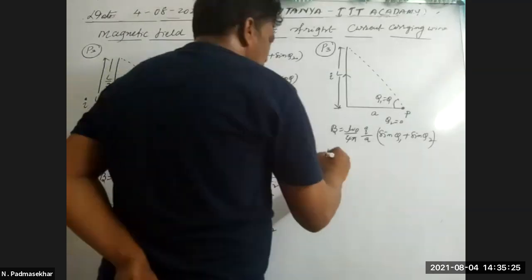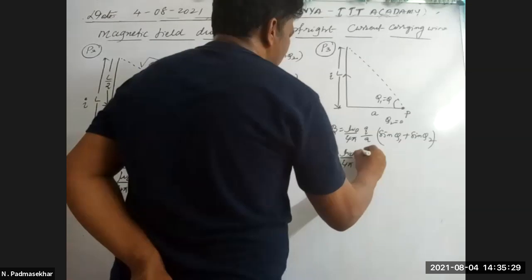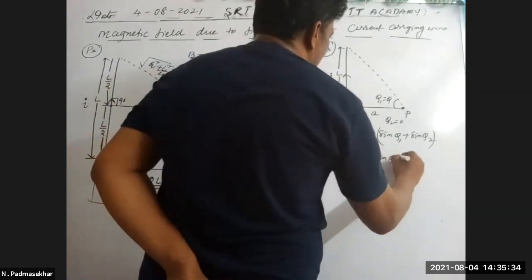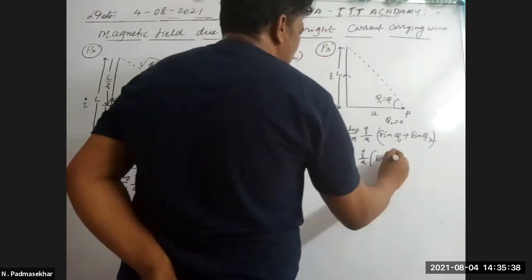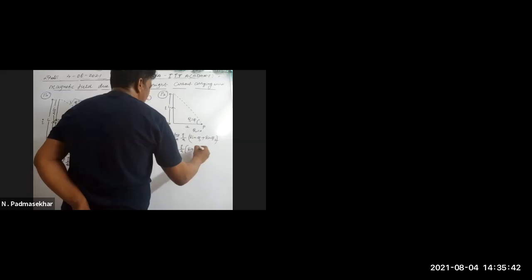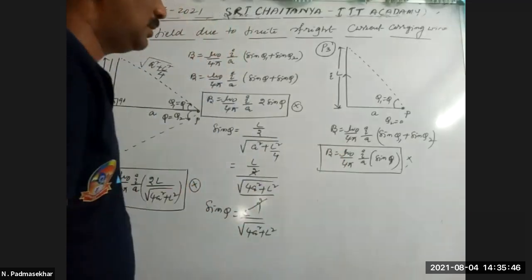So B is equal to mu naught by 4 pi I by A, sine phi plus 0, which is sine phi only. The direction of the magnetic field is inwards.